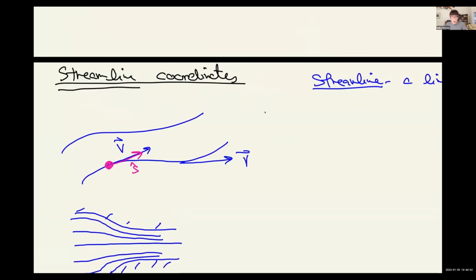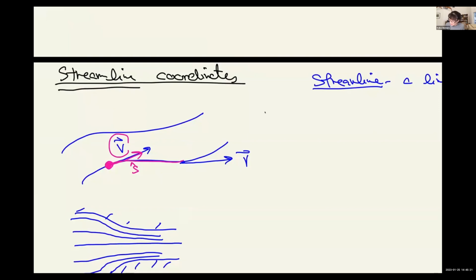To describe the motion of the fluid particle, by definition, the motion of the fluid particle is always going to be in the direction of the streamline. And then the velocity is only going to have a component in the S direction.